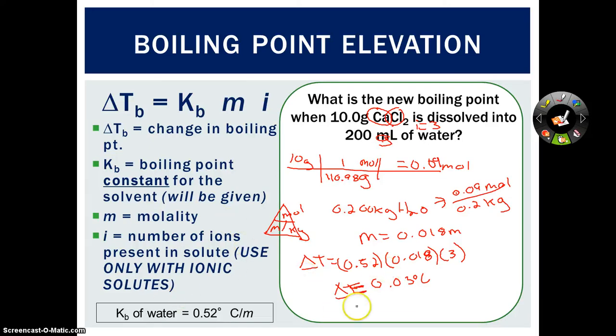So, delta T again though is what I got. It's boiling point elevation. So our new T of boiling is our initial boiling temperature of water, which is 100, plus our delta T, because it's elevation, it's increasing. So I get 100.03 degrees Celsius.